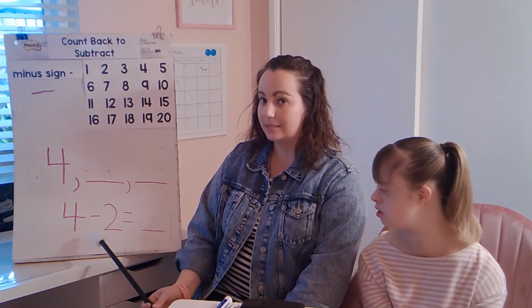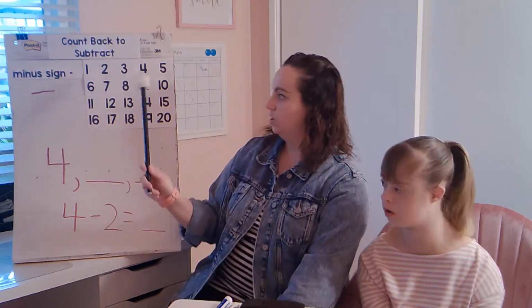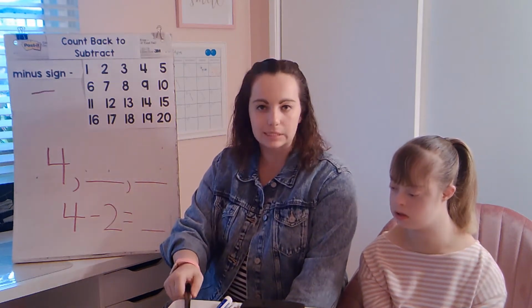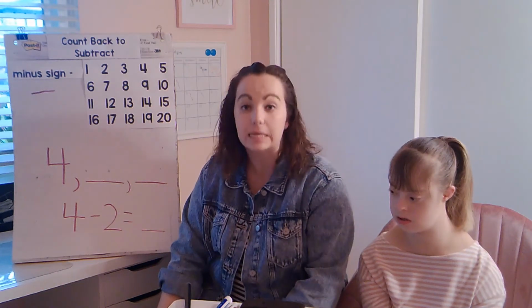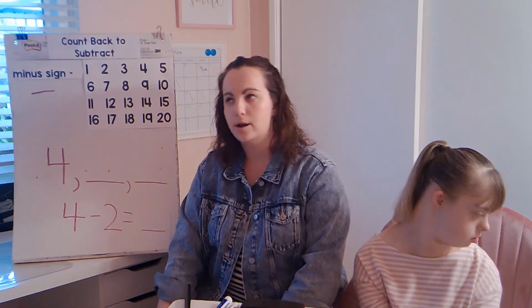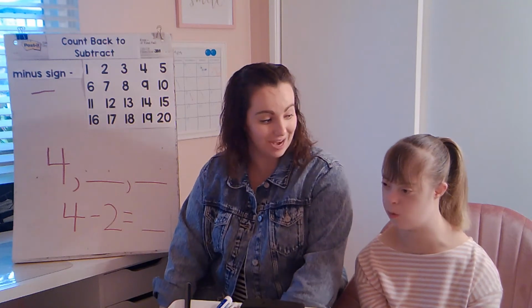I see that take away sign, which means we're doing subtraction. So I need to count backwards, like I'm counting down, like I do during cleanup time. You know how I'd count down and be like 10, 9, 8. We're doing that to help us subtract, okay?